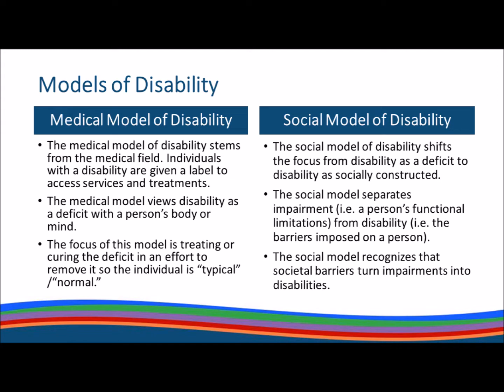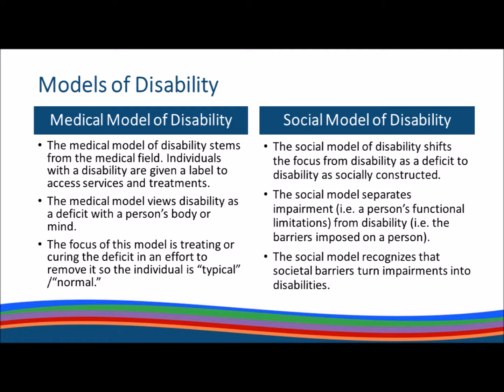In contrast, the social model of disability shifts the focus from disability as a deficit to disability as socially constructed. The social model separates impairment, for example, a person's functional limitations, from disability, the barriers imposed on a person. The social model recognizes that societal barriers turn impairments into disabilities.